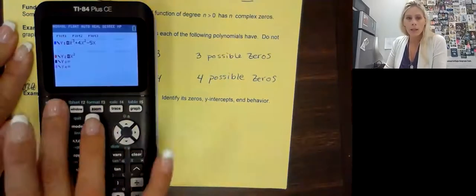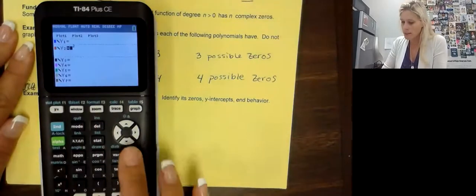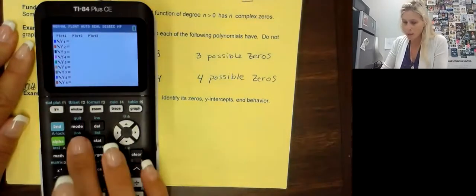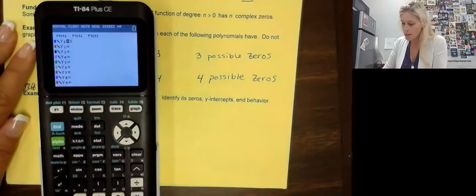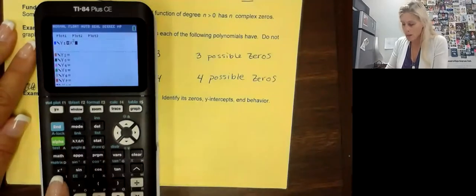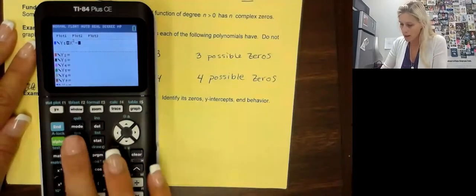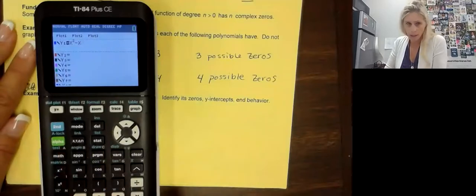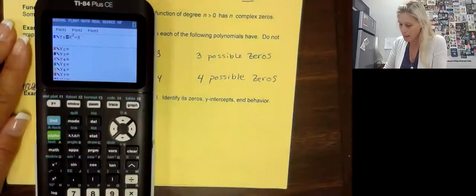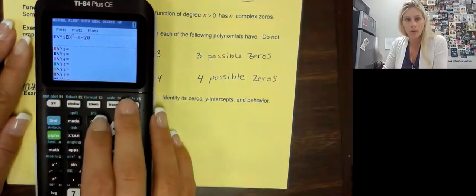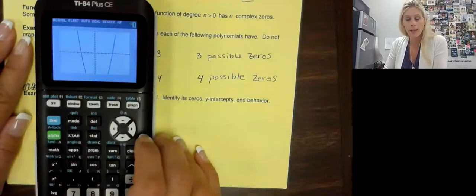So I go to y equals, let me clear out my graphs. It was x, so x is right here, squared minus x, is it minus 20? Yeah, minus 20. Now I'm going to show you these are the same graph. So just by graphing this one right here, this is what I get.